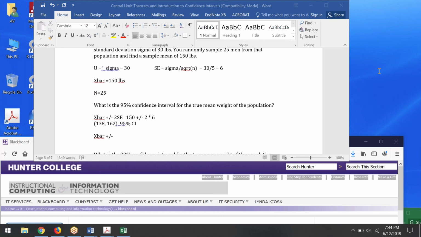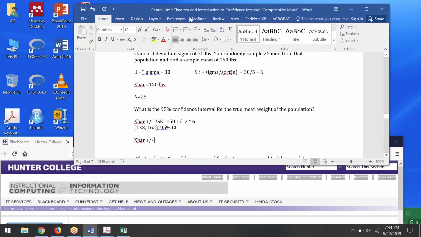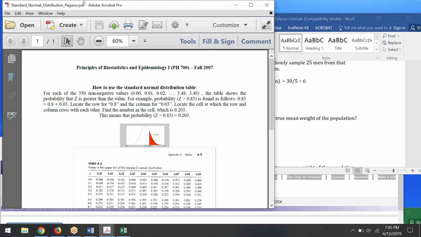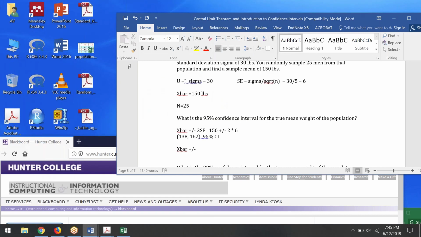What is the real number I should be using instead of 2? You guys remember what it was? I'll show you what it is. What represents the standard normal distribution? Here we go. Let's open that up. Oops, no, I don't want that one. That one's nasty.